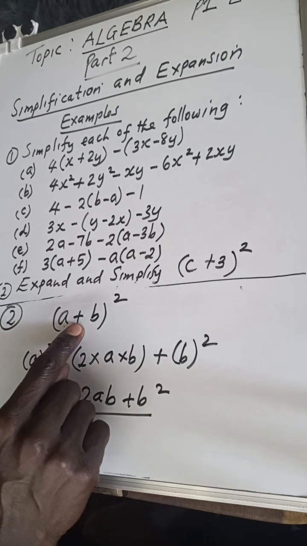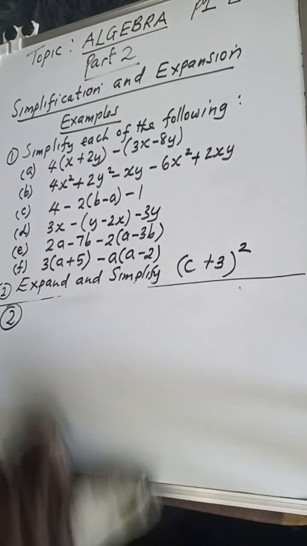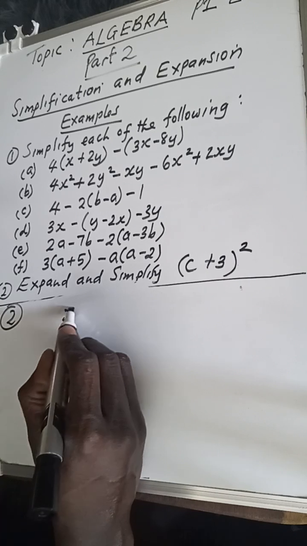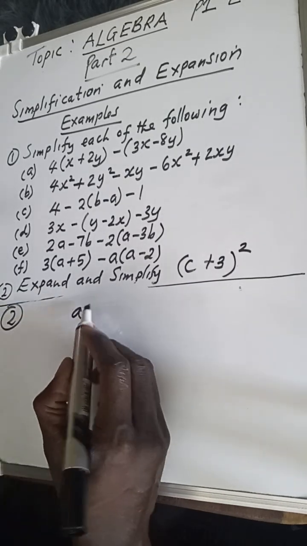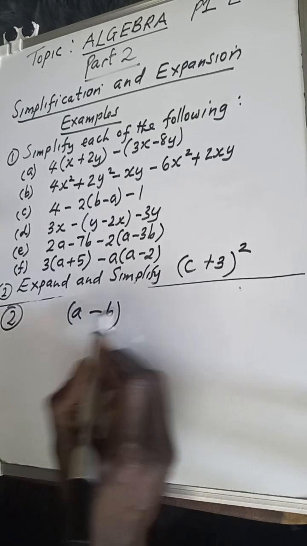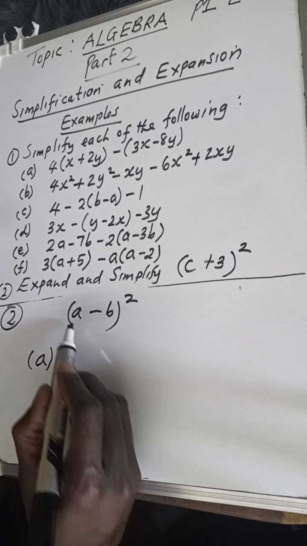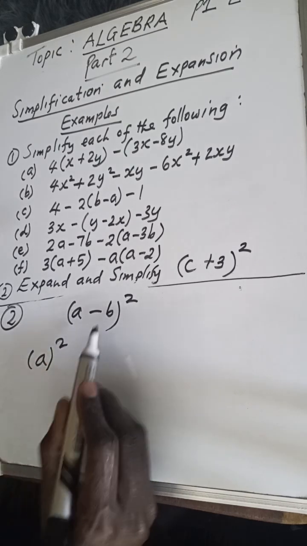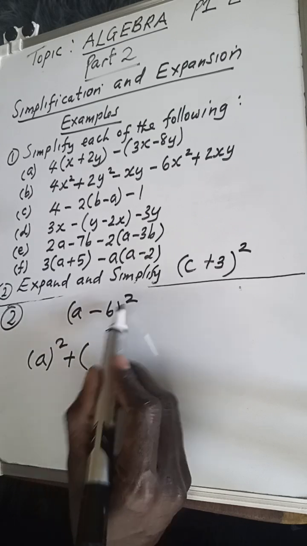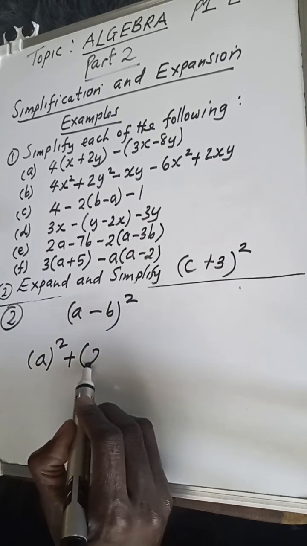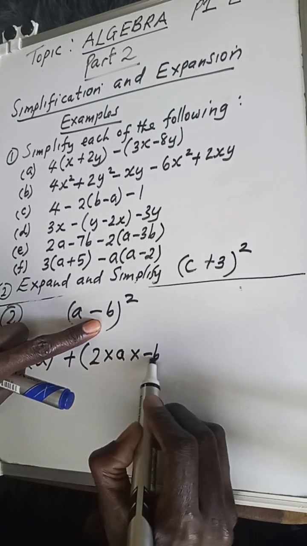I was using one with a positive. Let's try to see one having a negative. I'll use a different expression. I'll say a minus b, I can maintain a minus b, but raised to the power 2. How do I do that? So it will be the first term, you raise it to the power 2. Then, if you want, you can get plus. To get this middle term, you get that 2 multiplied by a multiplied by this negative b there.